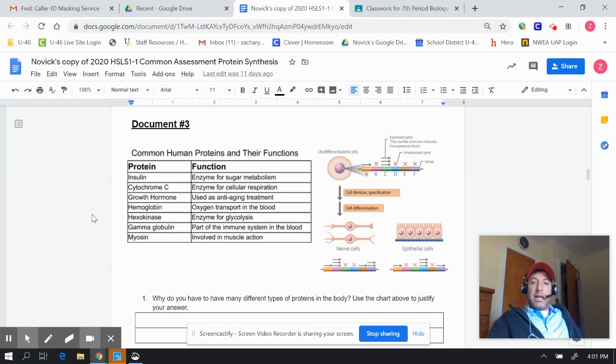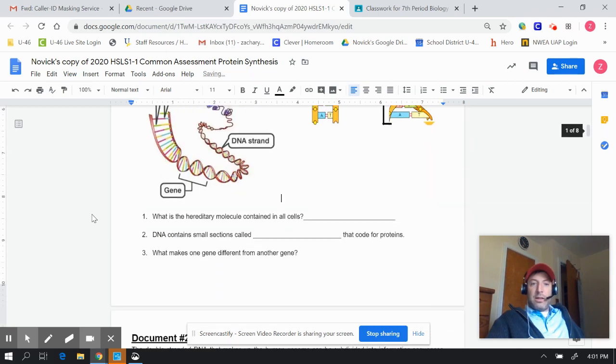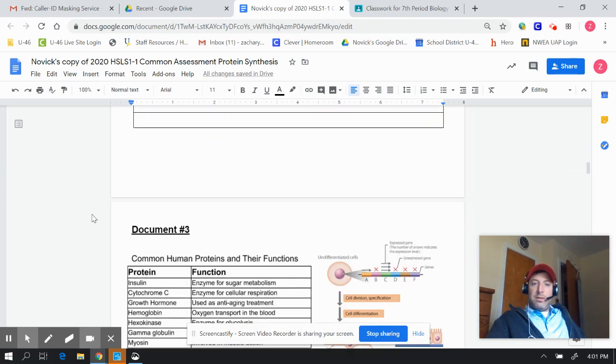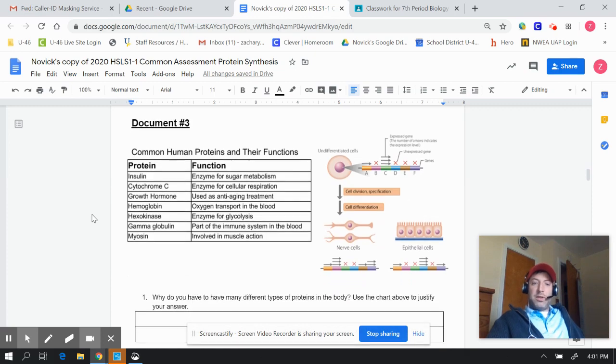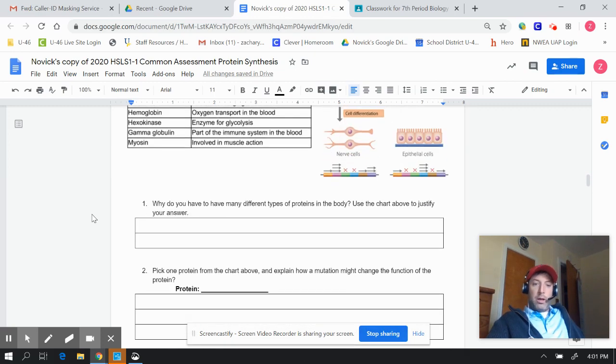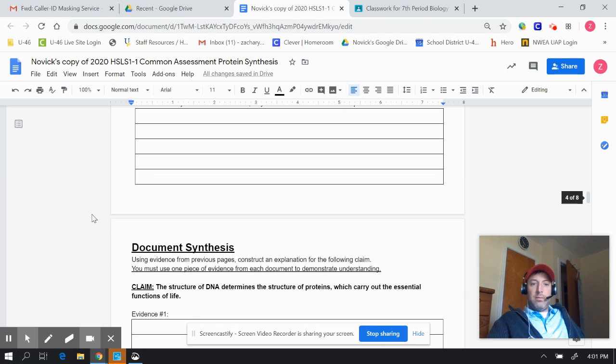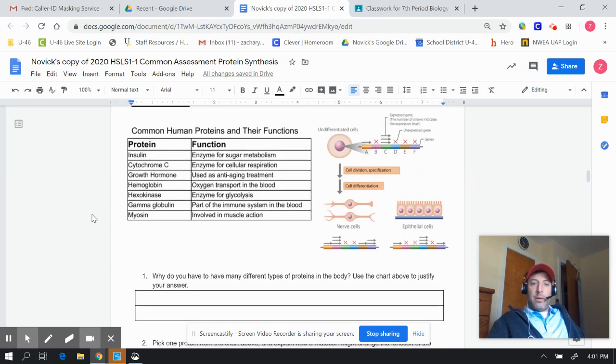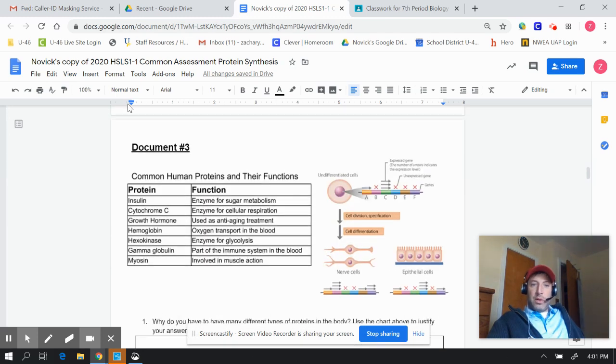All right, document three. This document is going to be used to answer questions one, two, three. Please notice document three has a title, Common Human Proteins and Their Functions. First, insulin, enzyme for sugar metabolism. Second, cytochrome C, enzyme for cellular respiration.